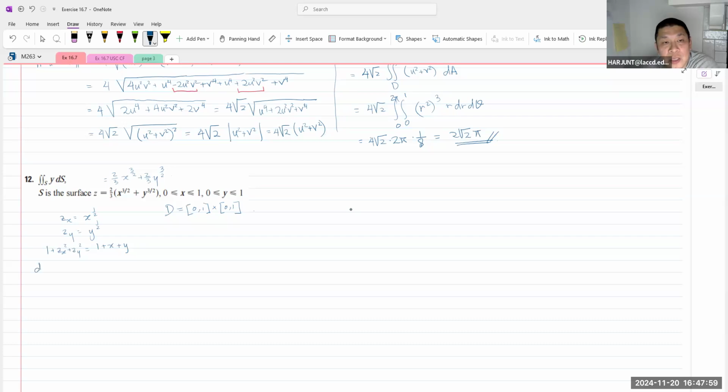So the dS later on will be represented by the square root of 1 plus x plus y dA.